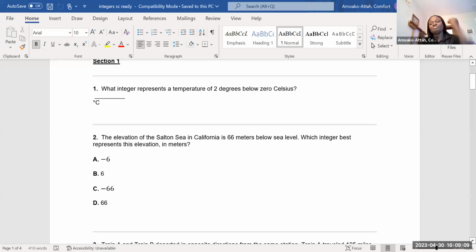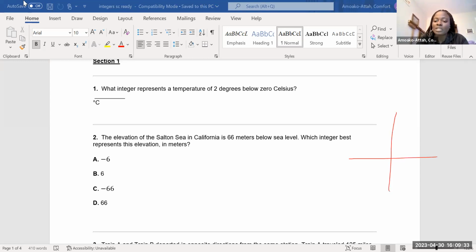Okay, so the first problem we have here is: what integer represents a temperature of 2 degrees below 0 Celsius? Before we start with the problems, let's go through one or two tidbits of integers.